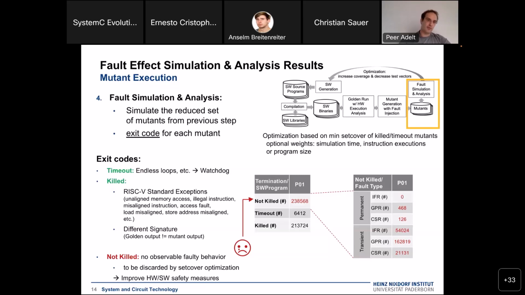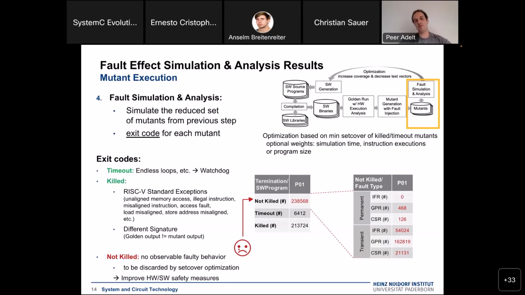Another exit code group we call killed, because a mutation is being said to be killed if the mutation was detected. And this splits up into two groups. First of all, if we break something with a bit mutation in the CPU, we might end up with a so-called RISC-V standard exception.